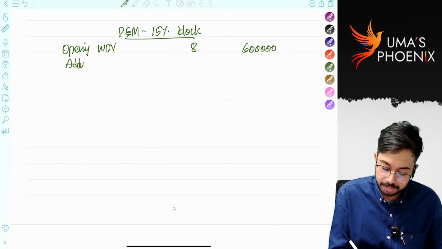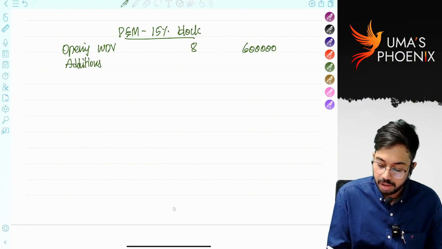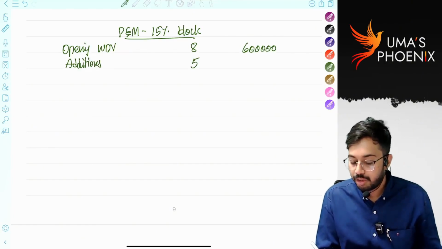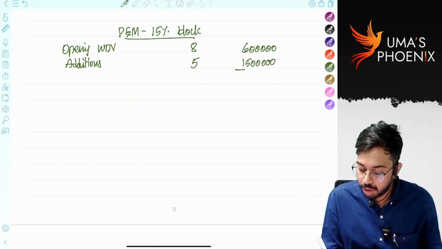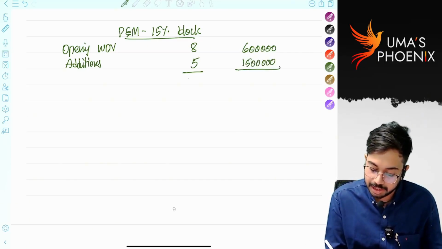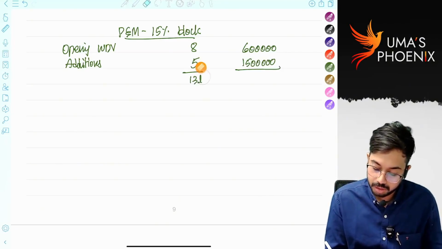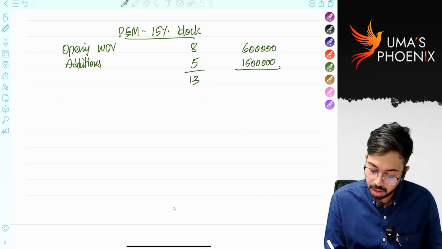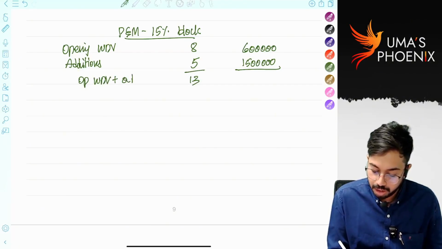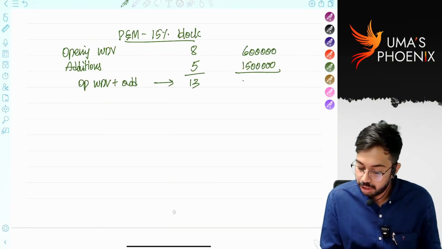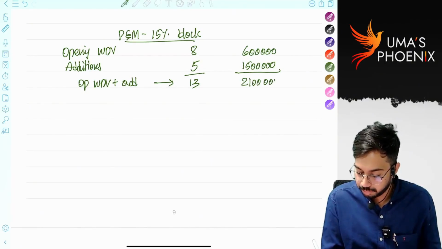Additions, 5 assets worth 15 lakhs. How much are opening written down value plus additions? Assets 13, 21 lakhs, correct?